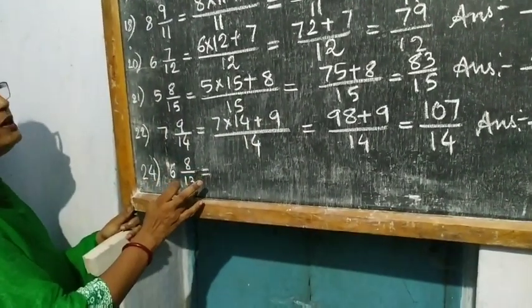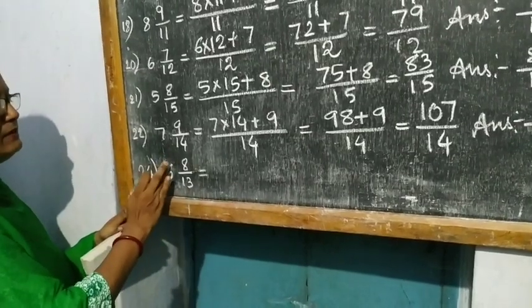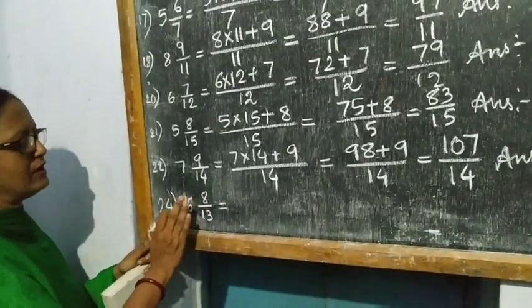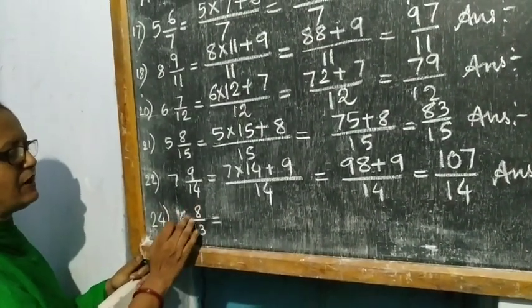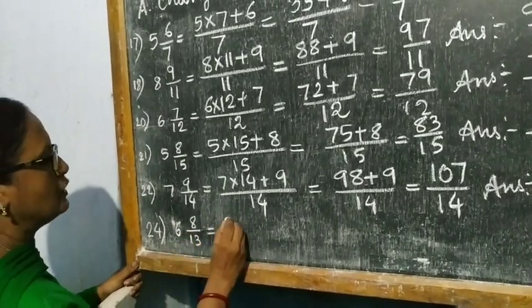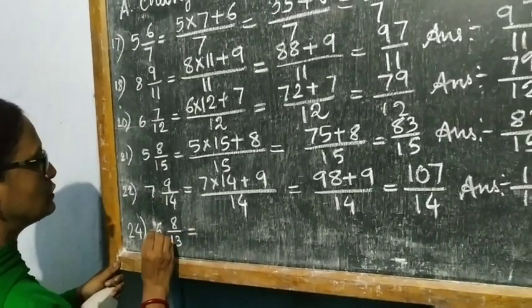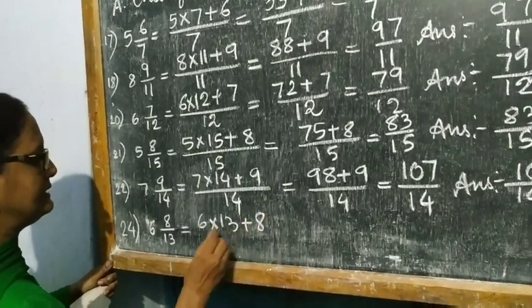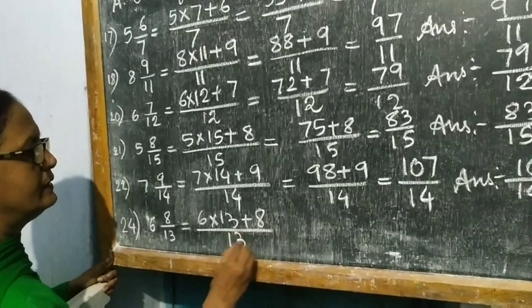6 8 by 13 is also a mixed fraction, because I taught you that it consists of a whole number, 6, and a fraction, 8 by 13. So now you have to change it into a normal fraction. So 6 into 13 plus 8 by 13.